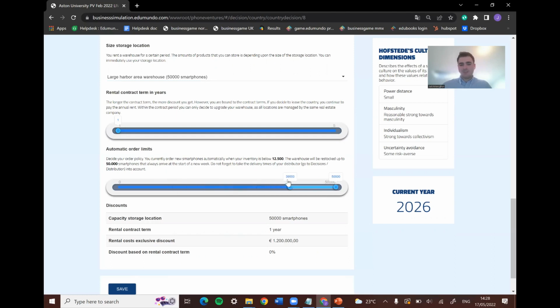We're going to take into account the 4-week lead time, and maybe we'll set it to 40,000, for example. Our recommendation is usually to set it 1.5 to 2 times higher than your peak demand, but that entirely depends on the distributor that you may have selected and the number of weeks it takes to arrive.